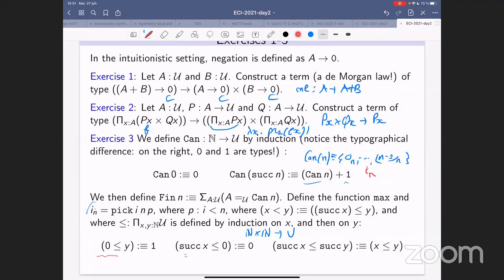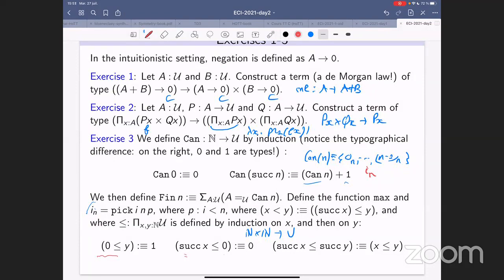If the second argument is 0, then the value of this family at suc x and 0 is the type 0, which means this is false. And then the case where both are suc: the type here will be defined to be exactly the type x less than y. And then the solution, you can read it in the slides.